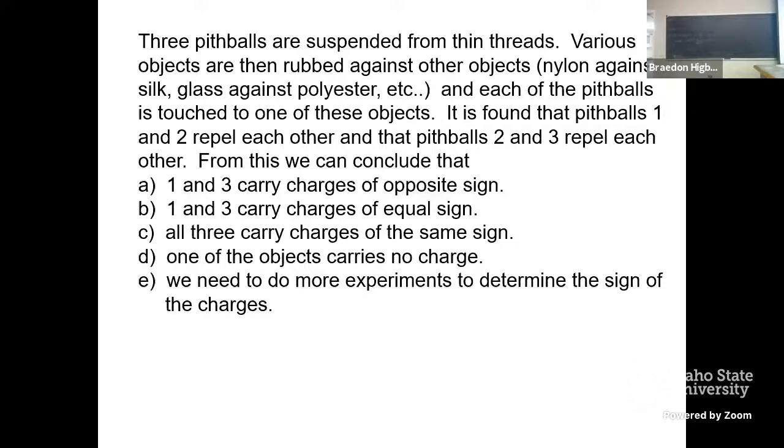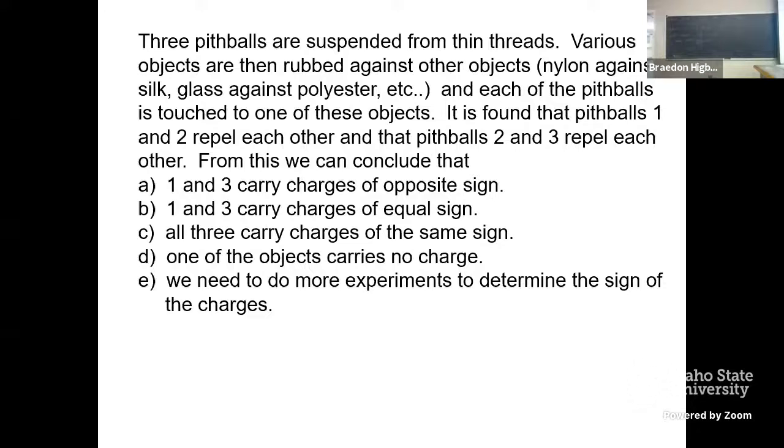I thought if 1 and 2 repel, then one of them would either be a positive charge or a negative charge, or one would be neutral. Okay. And then I thought if 2 and 3 repel, then that would mean that the first one would probably be negative, and then the third one would be positive, or either way.